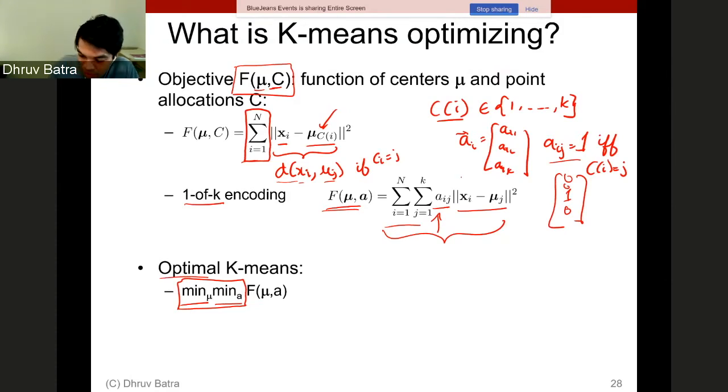You can say that if I replaced x_i by the closest prototype or a data cluster center, and then I recovered it at the other end by just replacing x_i by mu_j, how much compression artifacts would I suffer through? What is the distortion? And so this is that reconstruction objective, if you will.